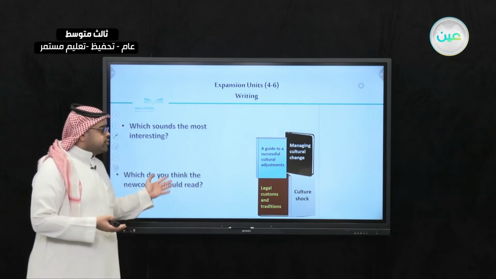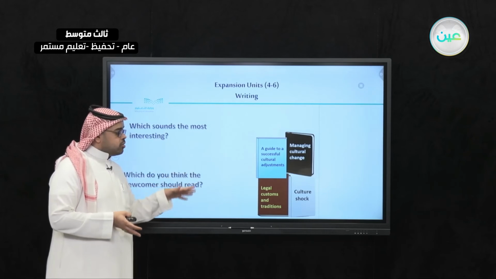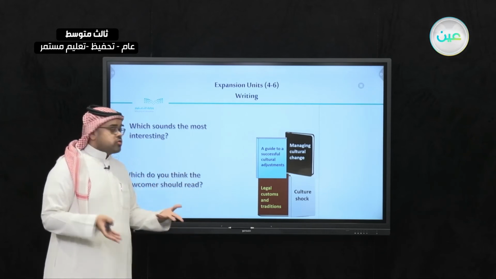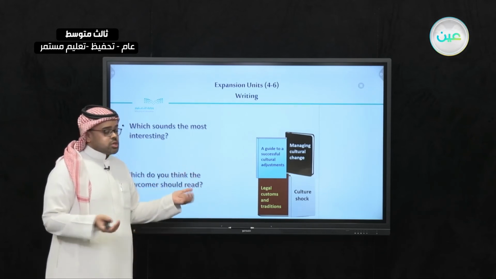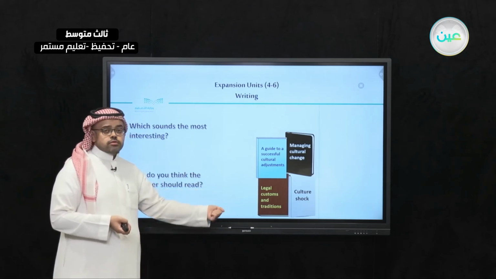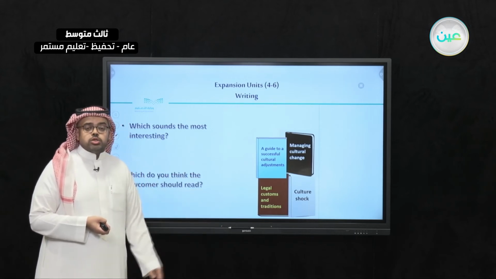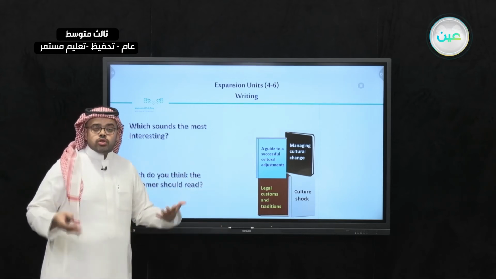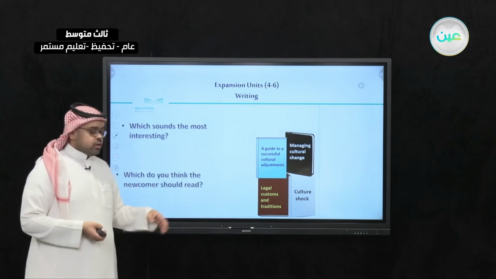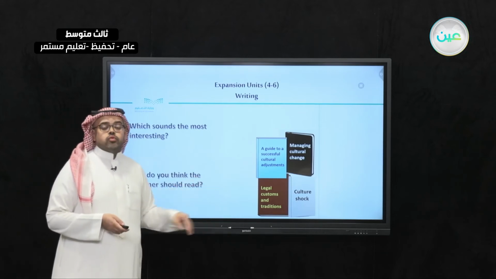Which one do you think is the most interesting, or will suit you best? Is it a guide of instructions, the legal customs and traditions, or how to manage cultural change, or culture shock, where you read different stories and scenarios about cultural shock? Which do you think the newcomer should read out of these four books?